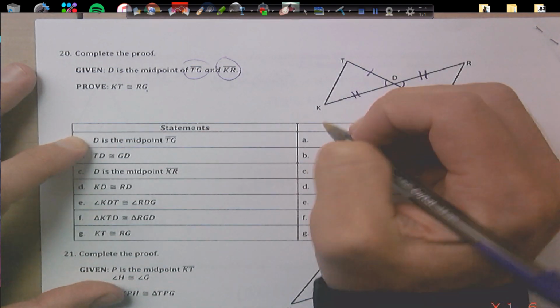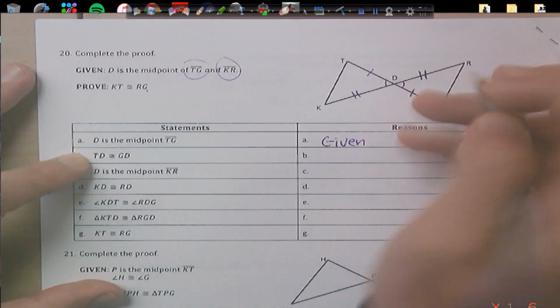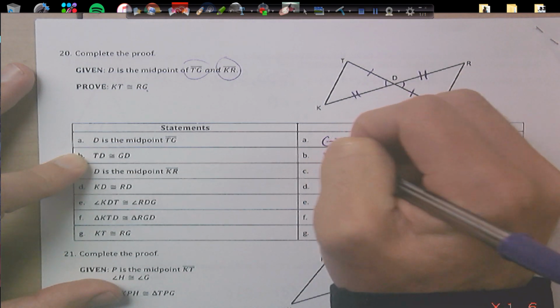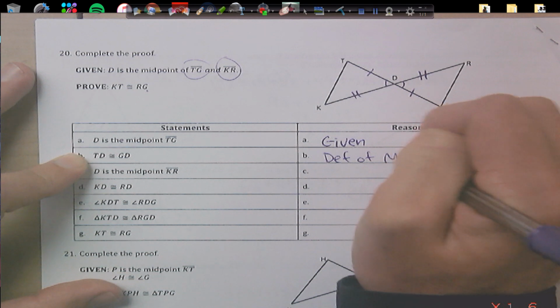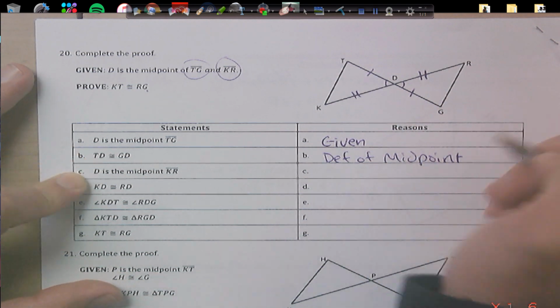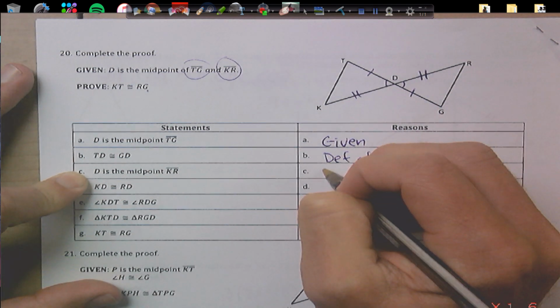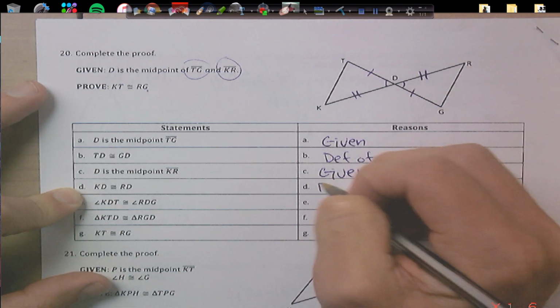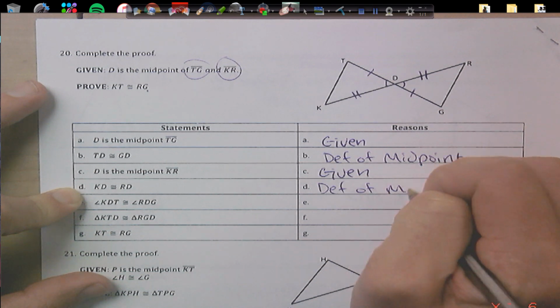D is the midpoint of TG. That's given. TG is equal to DG. That is going to be definition of midpoint. D is the midpoint of KR. That was given. KD is congruent to DR. That's definition of midpoint.